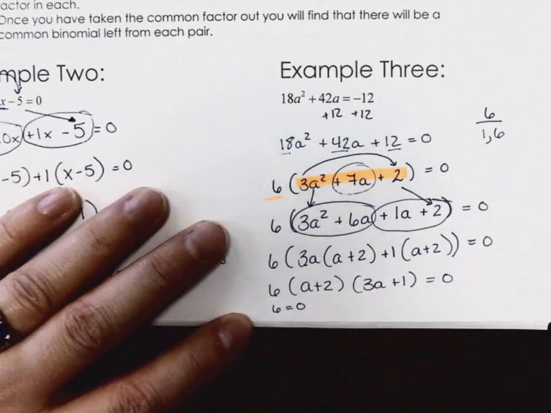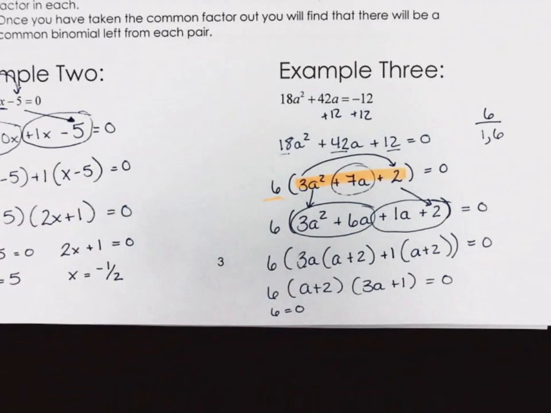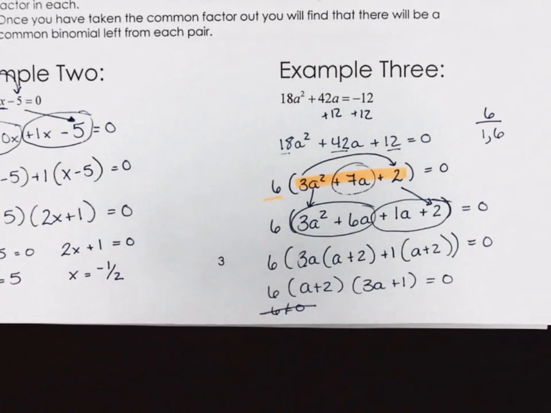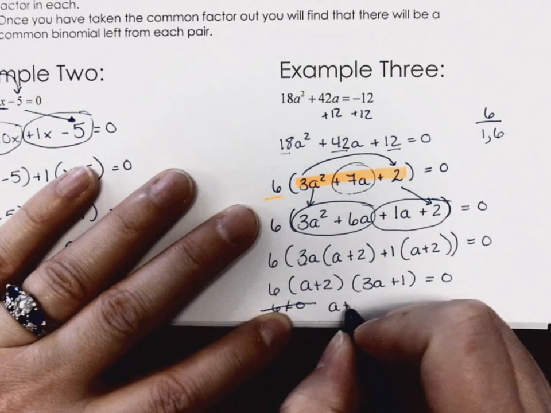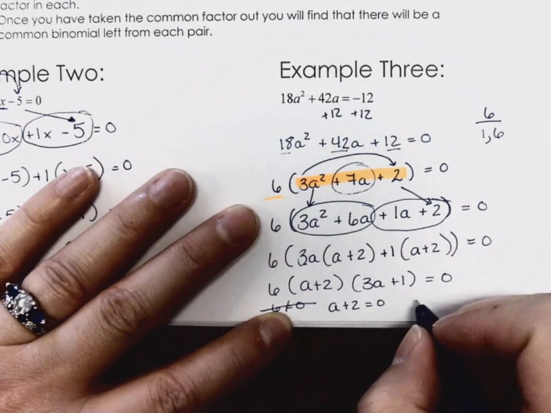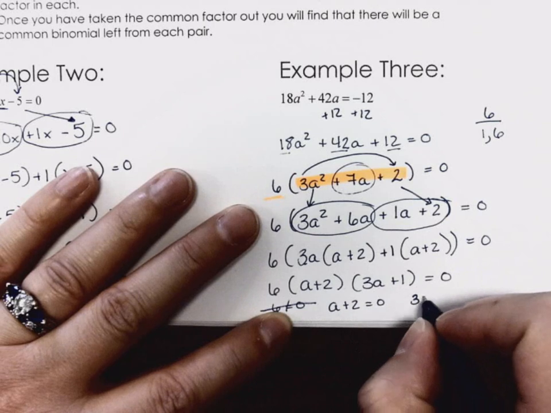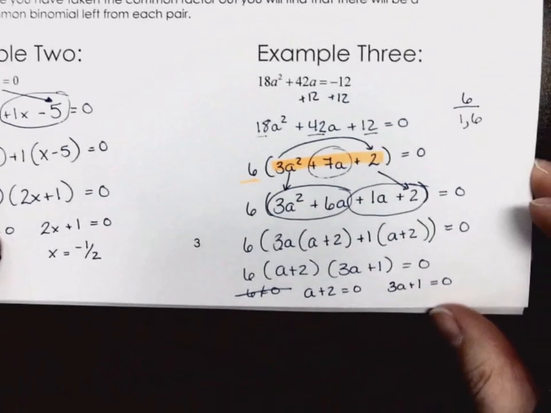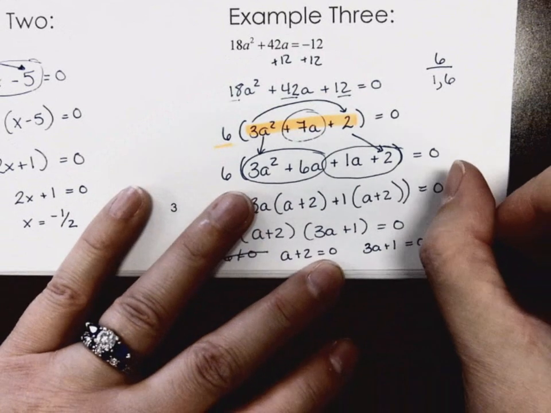6 equals 0. Is that a true statement? No. I really don't even need to do that, because there's no variable to solve for. So I'm going to have a plus 2 equals 0, and 3a plus 1 equals 0, and I'm going to solve them over here.